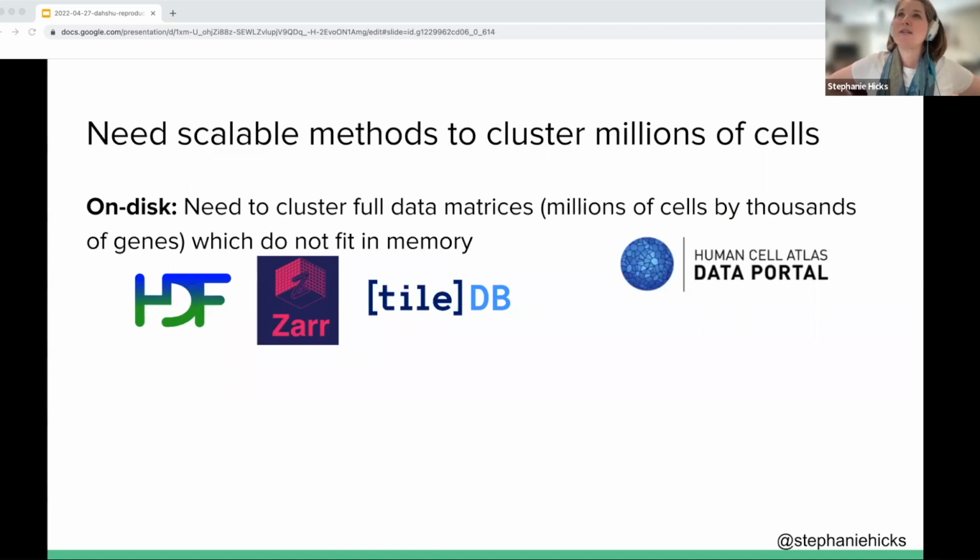Okay, so I mentioned I'm going to start out with clustering. The goal here is to take, for example, 1 million cells and partition them into a set of K empirical groups using something like k-means or graph-based clustering. So if we're going to cluster 1 million cells or 10 million cells or 10 billion cells, what do we need to do this?